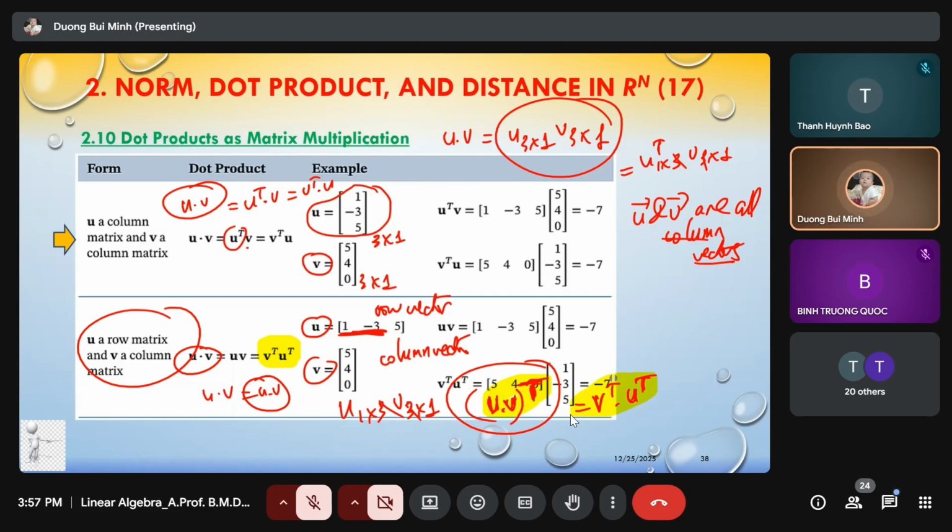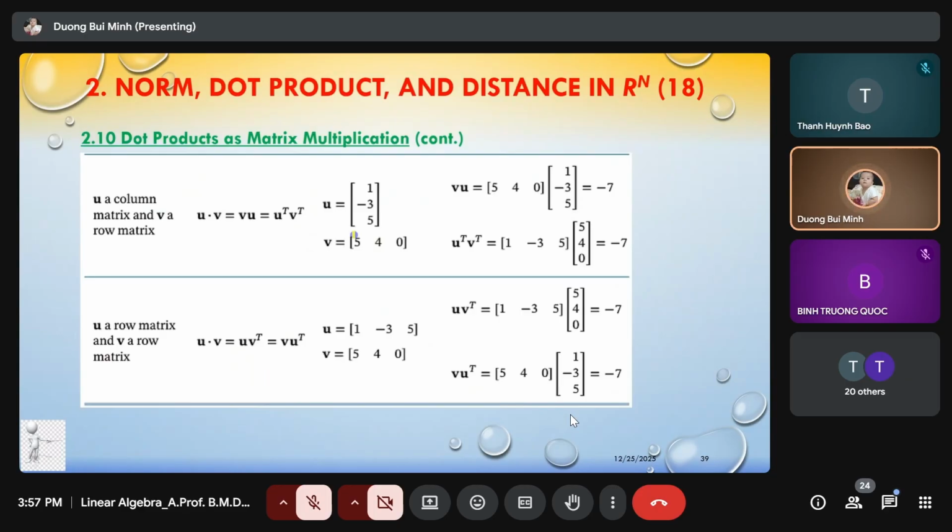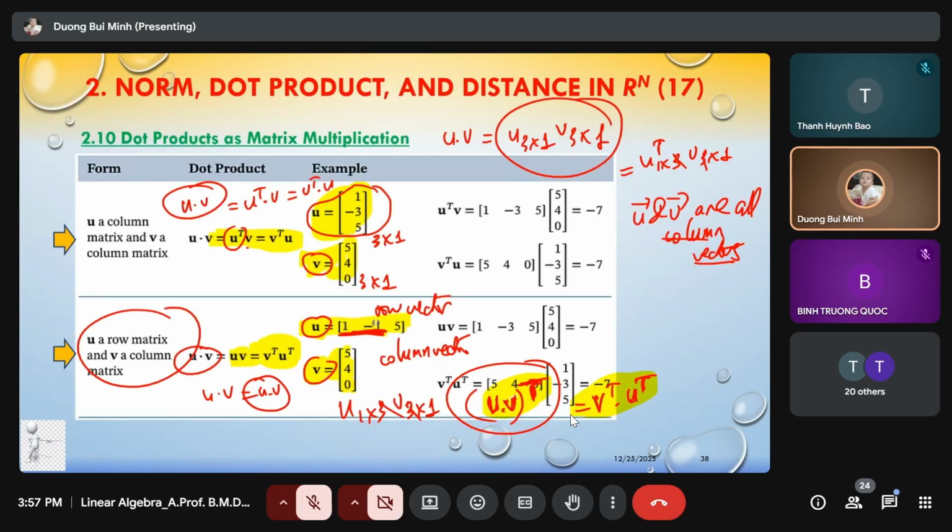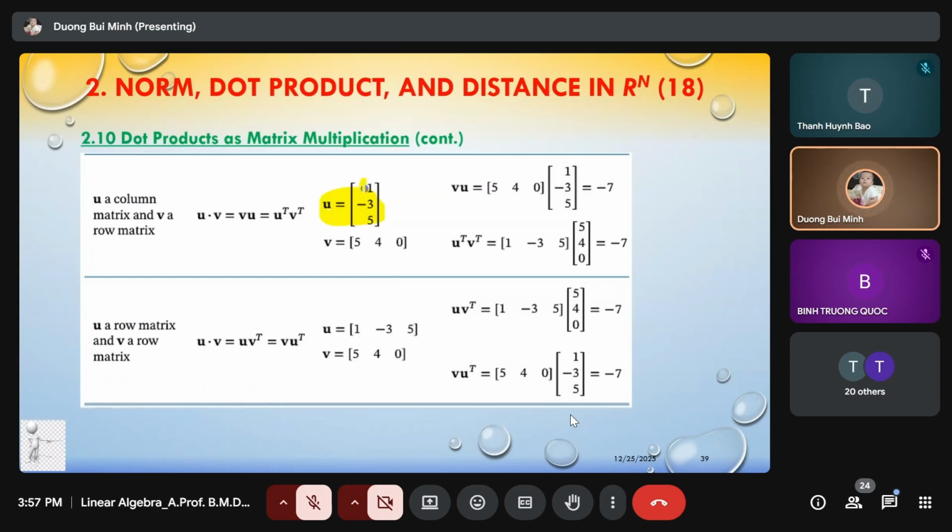It depends on the format of u and v. If they are both column vectors, we need to follow this one. If one of them is a column vector and the other is a row vector, we need to take u dot v or the transpose of them. Now u is a row vector and v is a column, or u is a column and v is a row vector, or all of them are row vectors. So it depends on your definition.